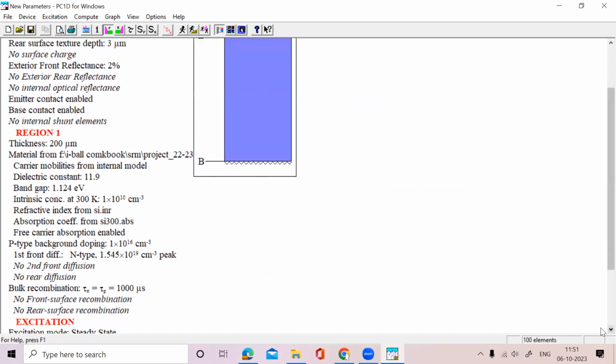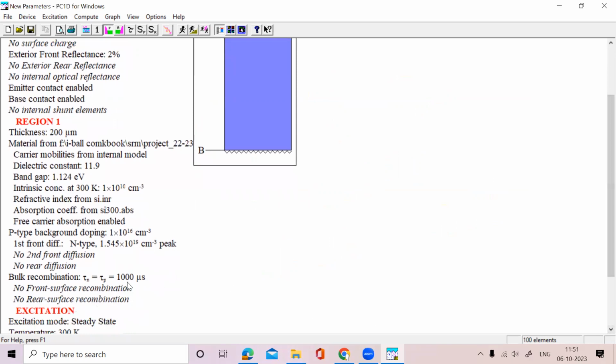Now comes the recombination. So what is recombination? We first have to know that. One participant already asked me about recombination at the starting.